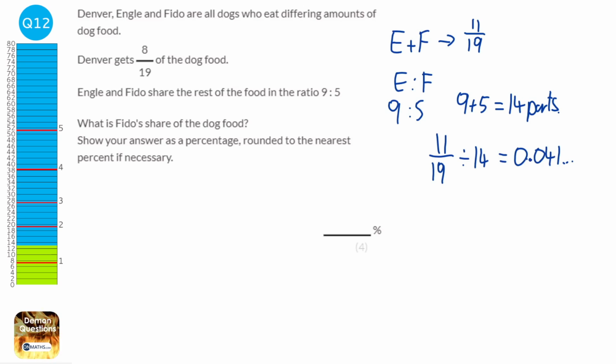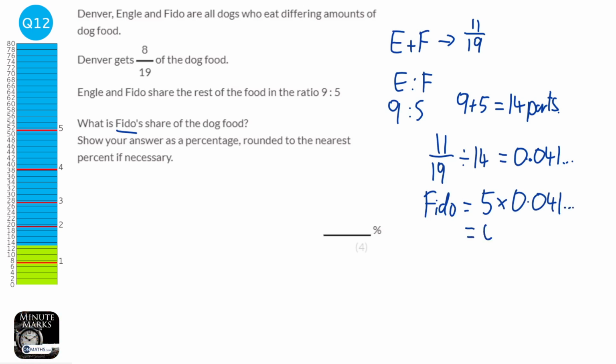We're asked to find Fido's share. Well, Fido has 5 parts, each of them worth 0.041 and so on. I've kept it in my calculator to keep the accuracy, and when I do that I get 0.206 and so on. Now we're asked to work it out as a percent, so I'm just going to times that by 100.